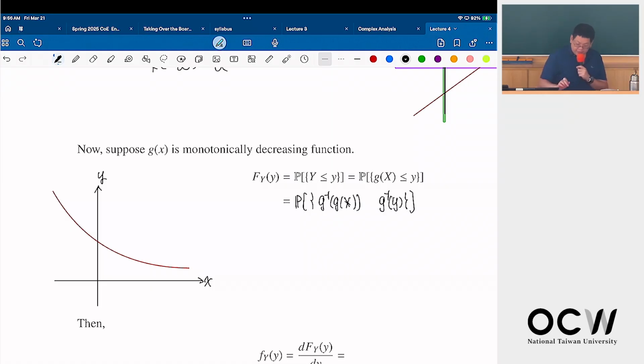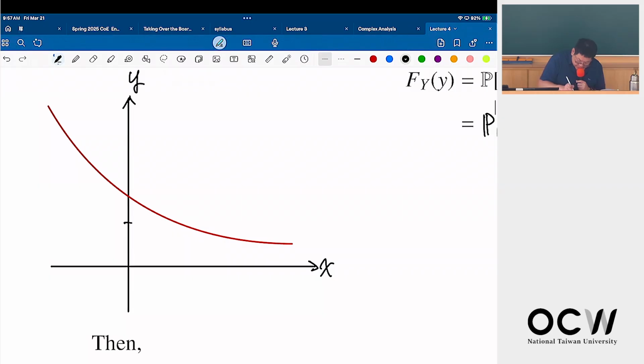But now let's see, if my y is here, this is my g inverse of y.